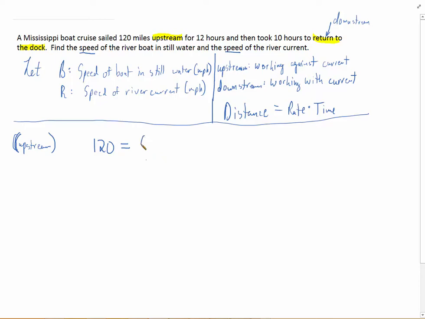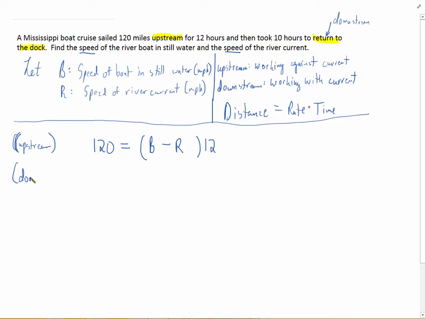Well, let's hold off on the rate for just a moment. Let's put some parentheses here. But the time upstream was 12 hours. And upstream is working against the current. So the boat's speed and the river's speed are working against each other. And so what happens is we have to subtract the rates. And so the upstream rate is B minus R.